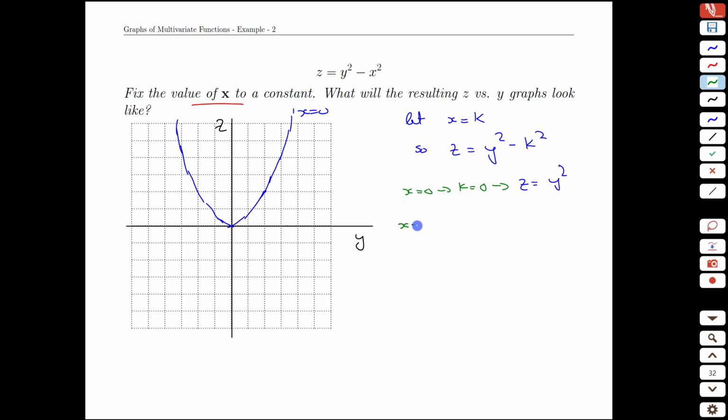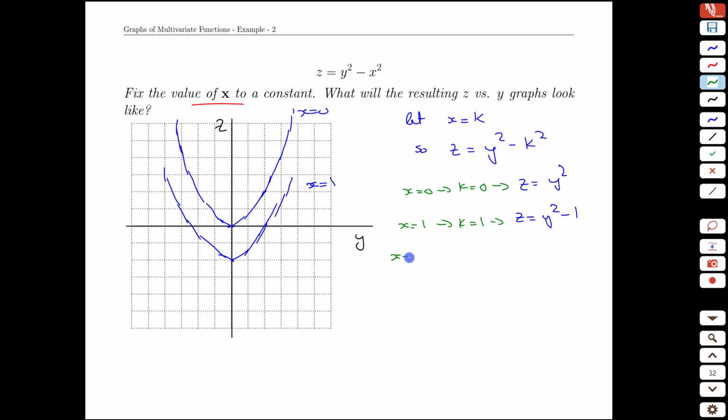Let's say if we choose x equals 1, well, we're fixing our constant to be equal to 1 in our equation here and our formula. We're going to get z equals y squared minus 1, same parabola, but shifted down by 1. So what we're going to see is the second parabola if we have this with x equals plus 1.